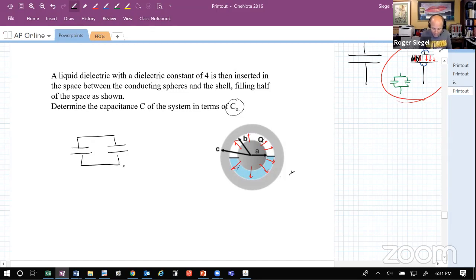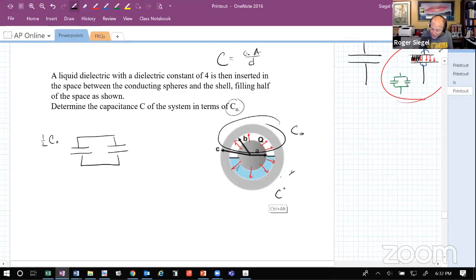Now the first one over here has the capacitance C0, but let's think about that. For a parallel plate capacitor, and I can generalize this in this problem to a spherical capacitor, we know that C is equal to epsilon naught A over D. Well, here you can see I only have 1/2 of the area, so I only have 1/2 of the capacitance, and that's this part, my C0.